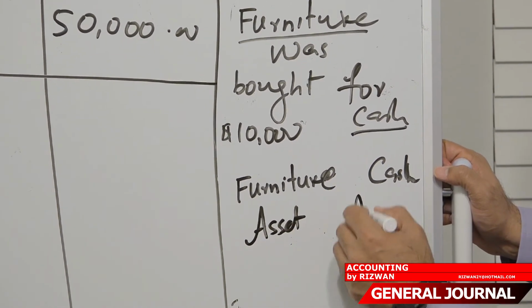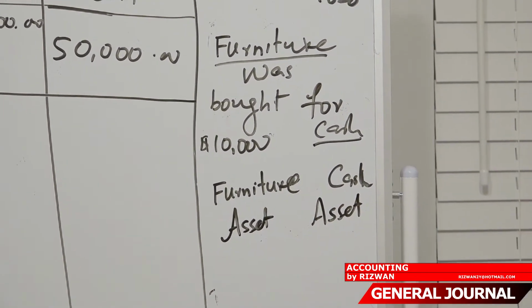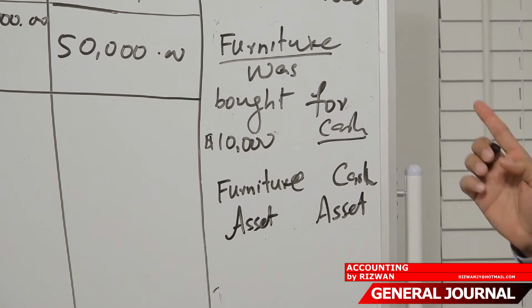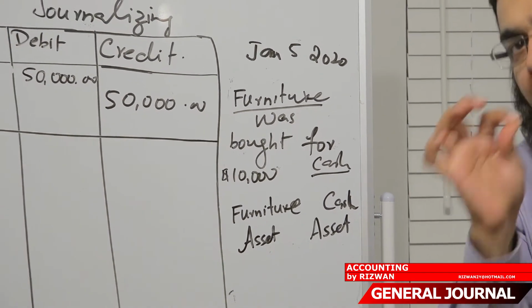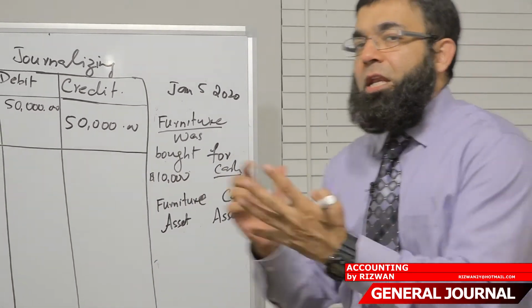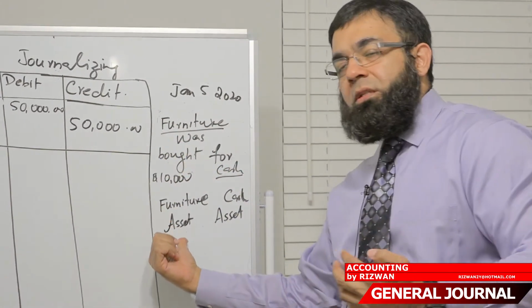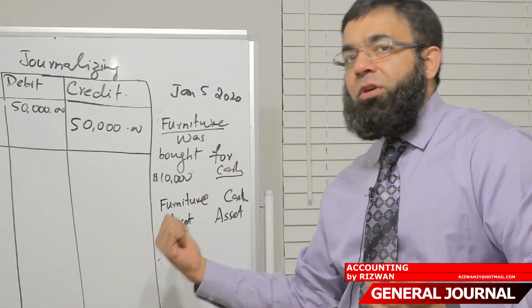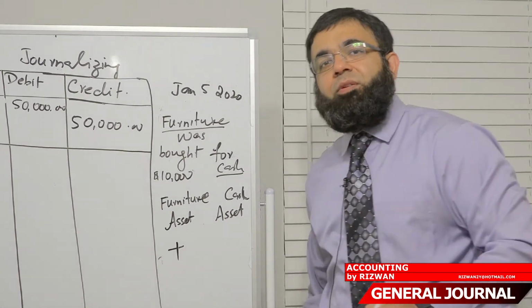Furniture is an asset, and cash, as you already know, is an asset too. You did not have furniture previously. Now you have furniture, so it is increasing in your business.